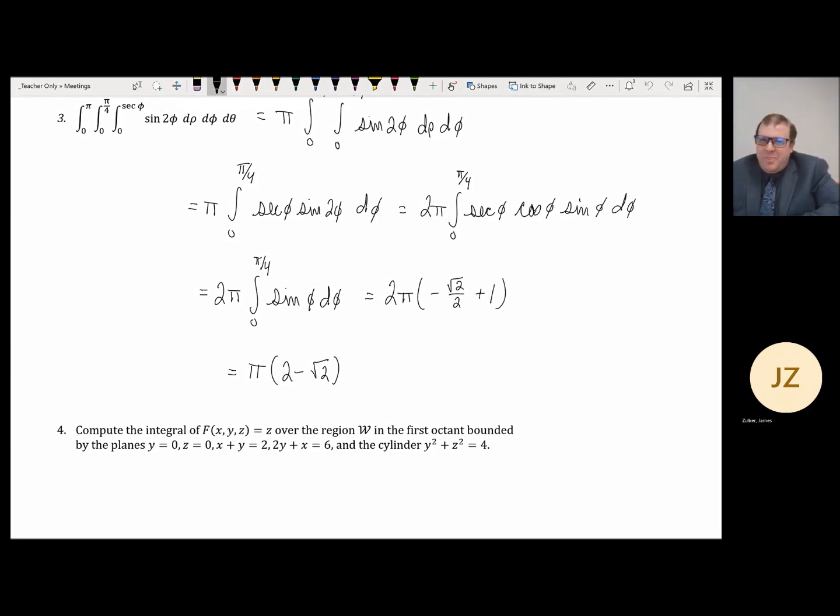Now, trying to describe a two-dimensional region without the aid of technology is doable. It's really not that bad.